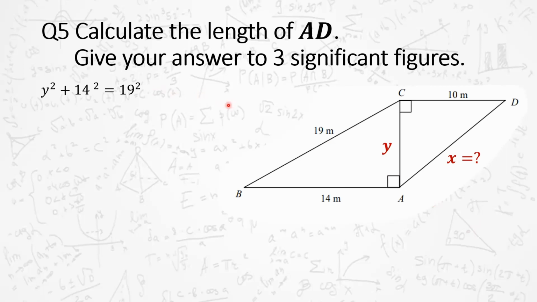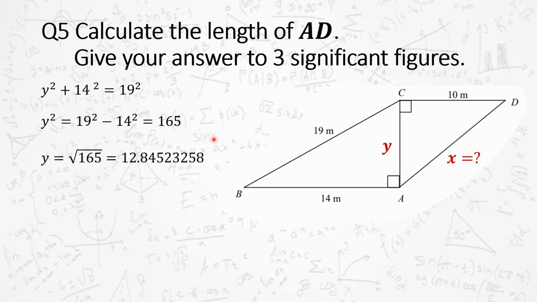To make y squared the subject, we have y squared equals 19 squared minus 14 squared equals 165. To find the value of y, we have y equals square root of 165 equals 12.8452328.